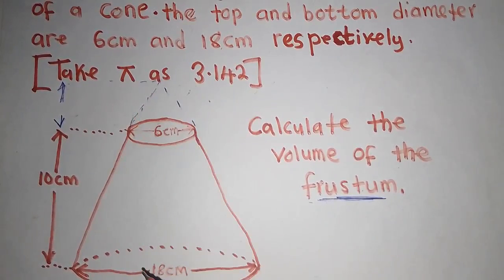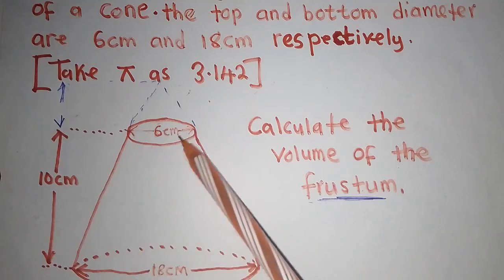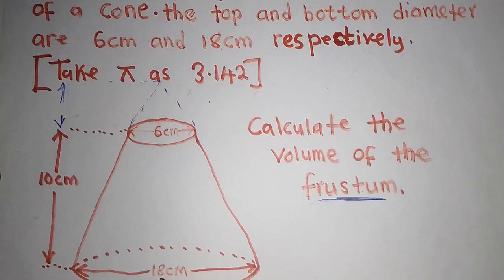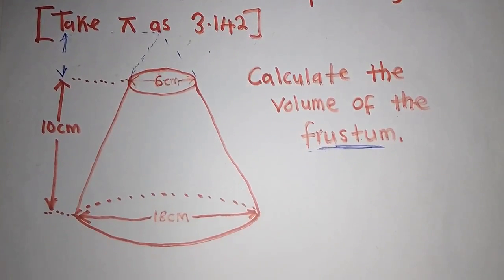So how do you find the height which is there? You start comparing. You get the radius of this smaller cone and compare it to the radius of the bigger one. These are steps you need to follow whenever you want to find the volume of a frustum.